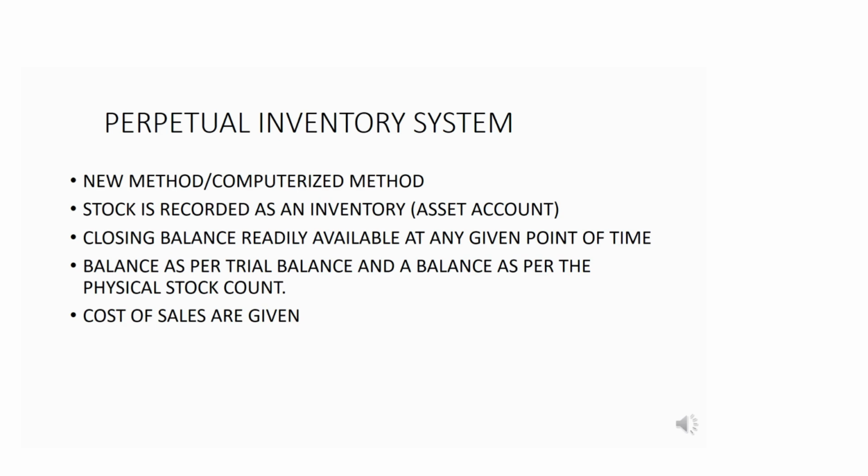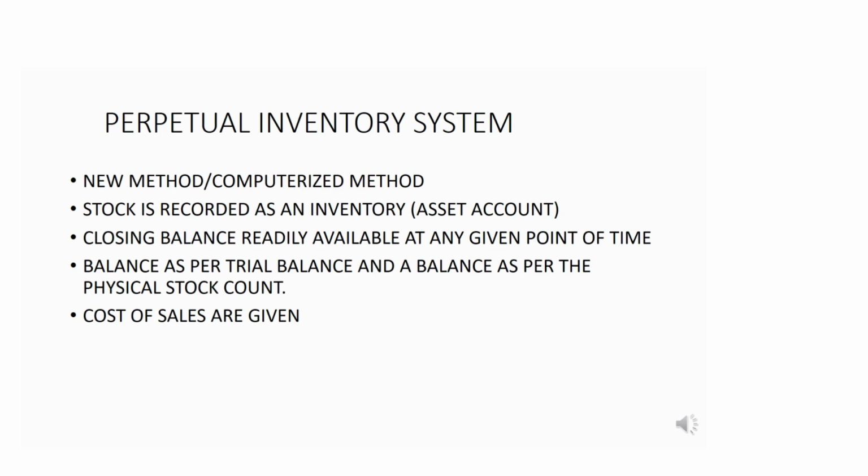Because with the value of the trial balance, we may not have noticed that goods have been stolen, maybe it was discovered later. So the balance as per trial balance is not reliable. The actual reliable balance is the balance based on the physical stock count.